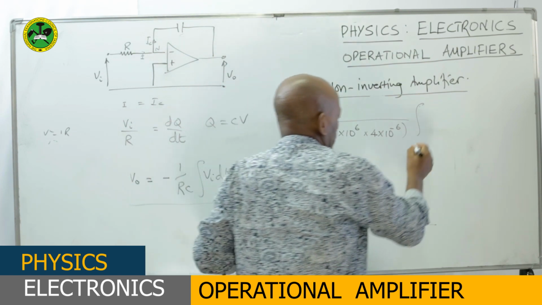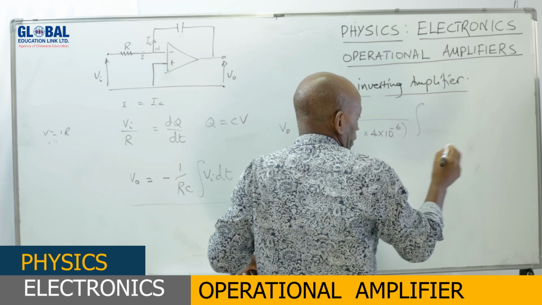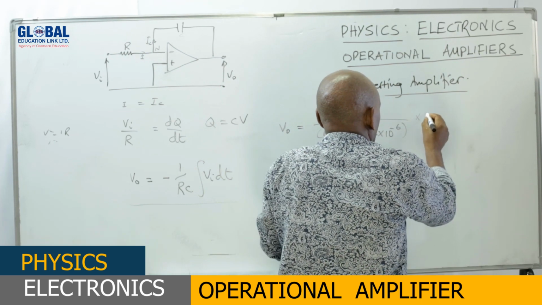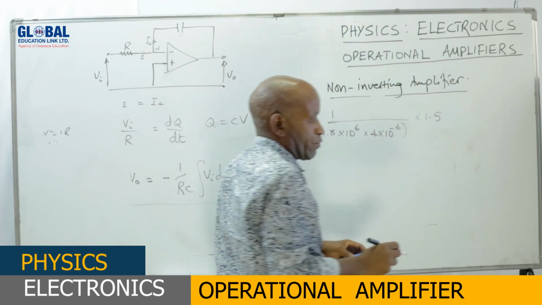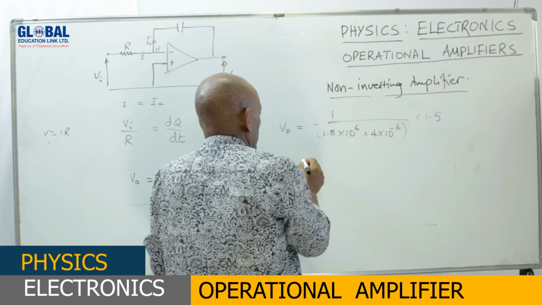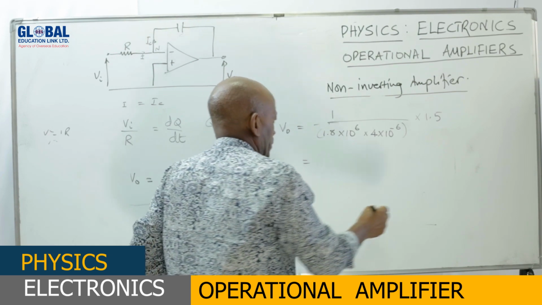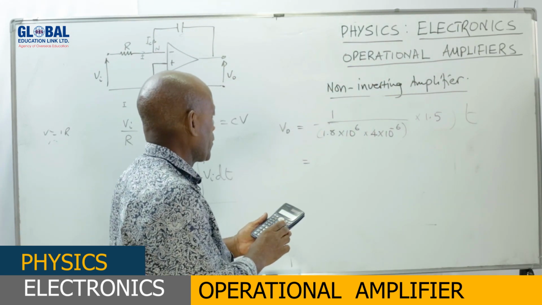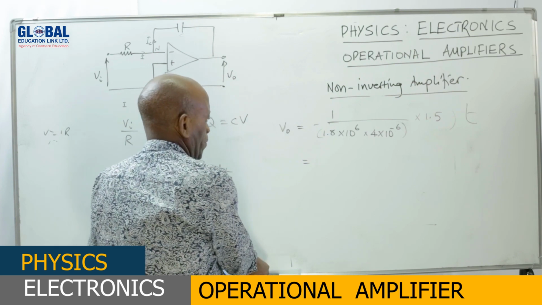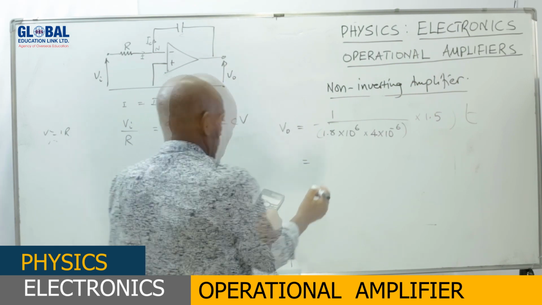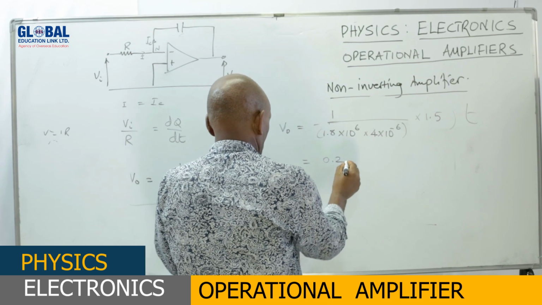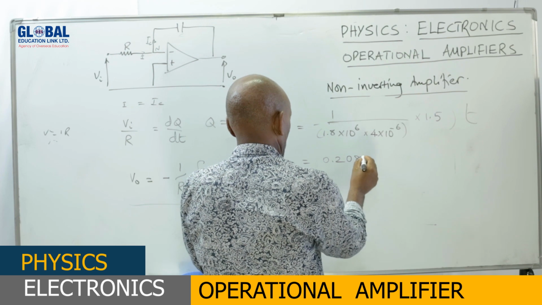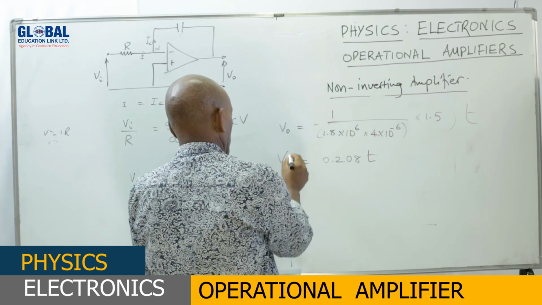So it's a matter of just multiplying by 1.5 volts. Now, if you compute that particular expression with respect to t, you'll be able to obtain 0.208 t volts.